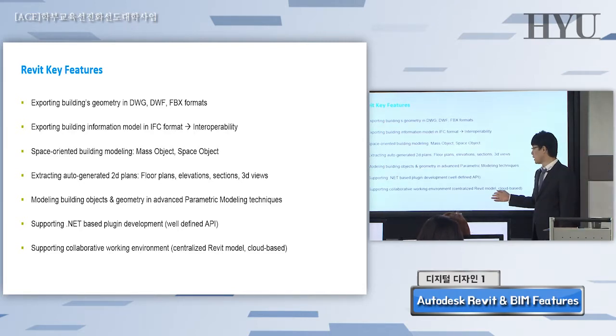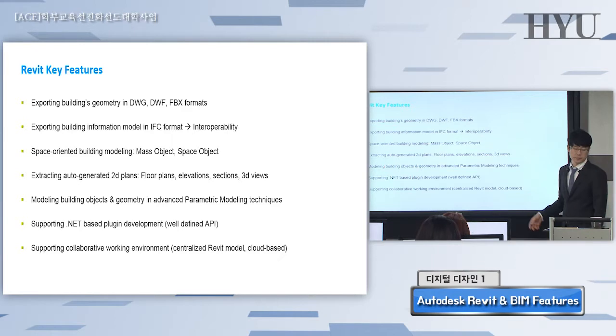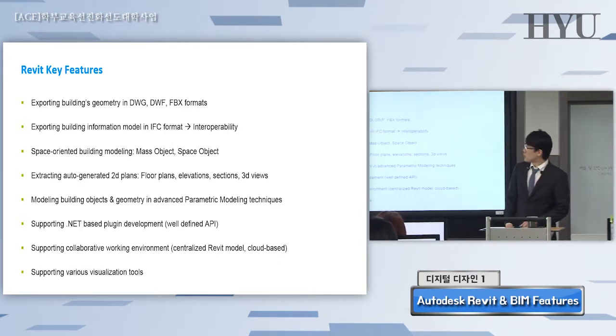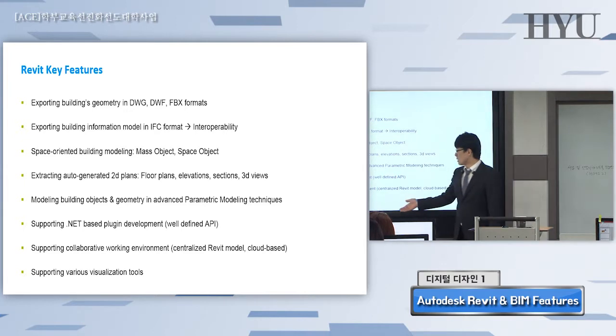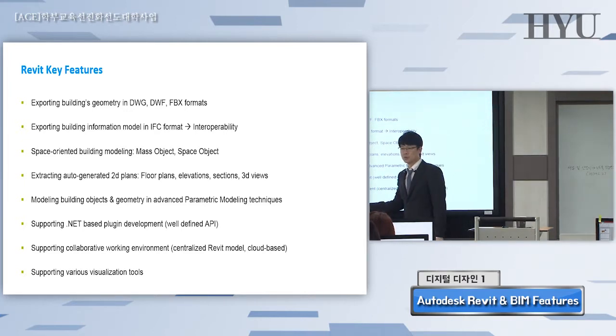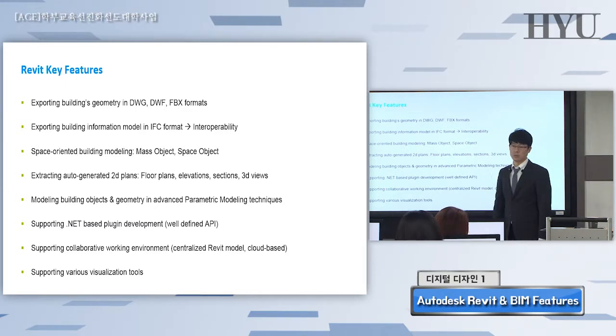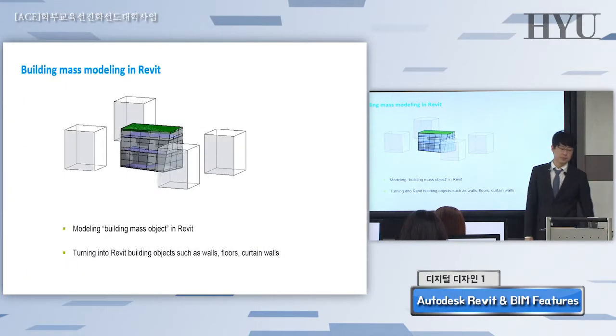In big companies, they use a centralized Revit model through the network, through the internet. This is also good for visualization too. It has renderers or exports geometry to other visualization tools and so on.